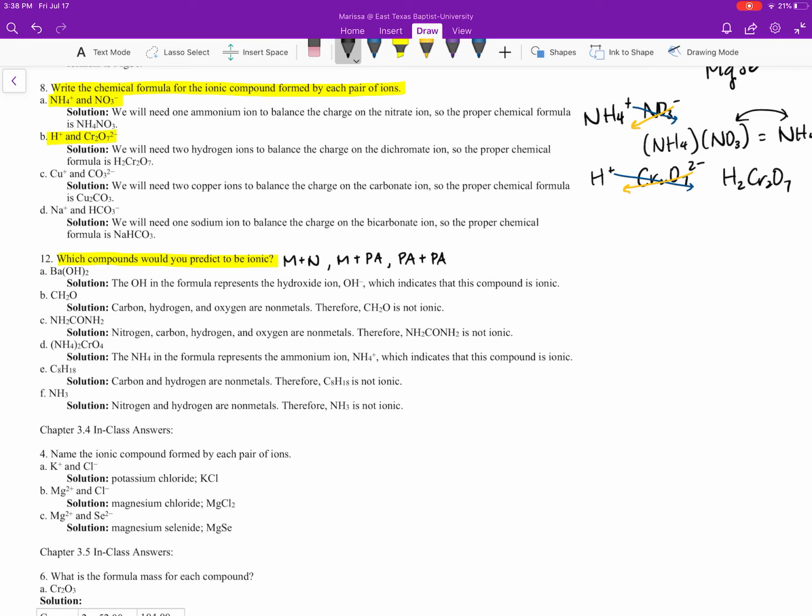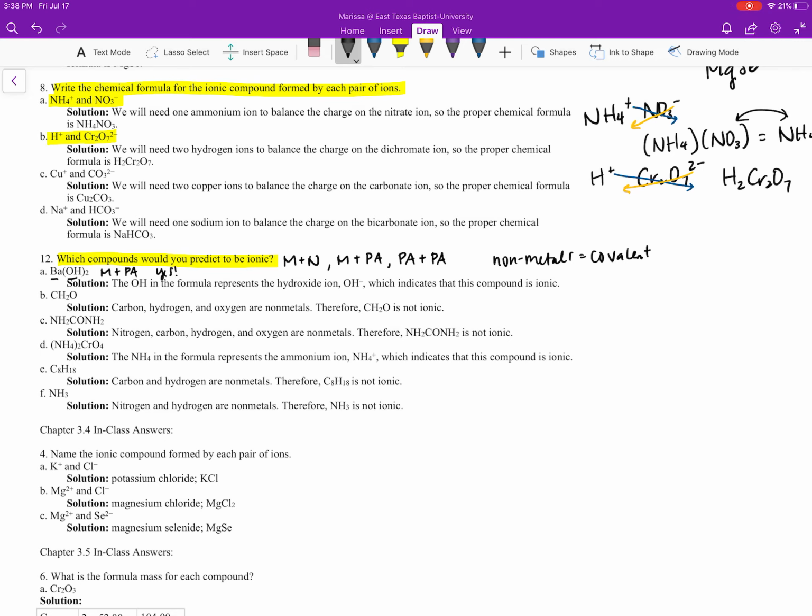And remember that if it's made up of nonmetals, it's going to be covalent, which is not ionic. So in this case, I have barium hydroxide. This is a metal plus a polyatomic group, so this would be ionic.